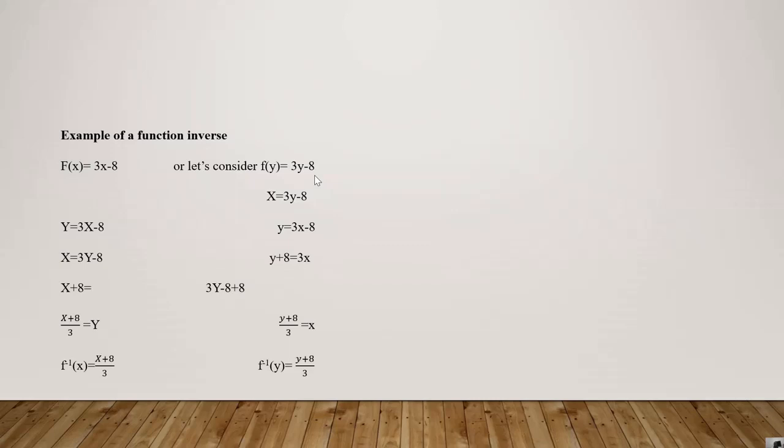Remember, we are looking at an inverse. There is a mathematical working here that's saying we will now have to do an inverse for this. So when you choose to do an inverse for this, you find out that y equals 3x minus 8. Alternatively, on this side we shall say x is equal to 3y minus 8.